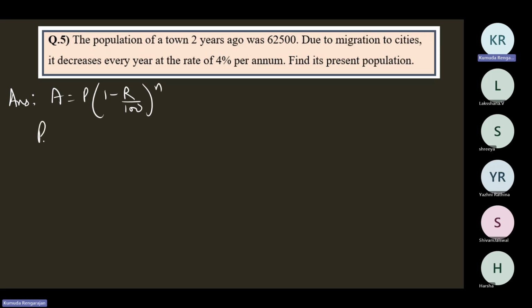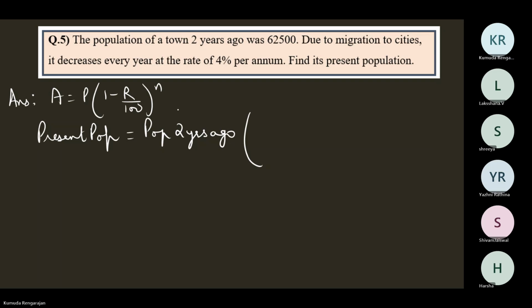Amount is the present population, and the principal is the population 2 years ago. Into 1 minus R by 100 to the power N. The present population we have to find.